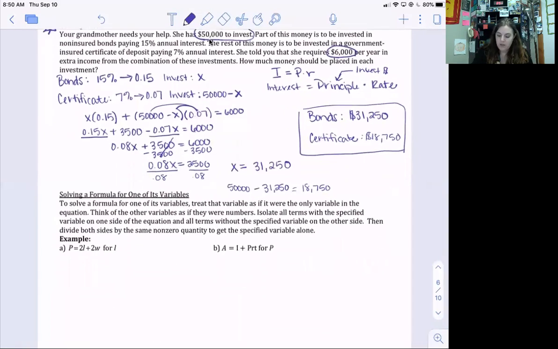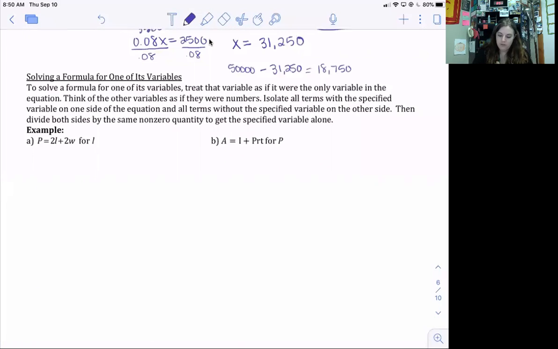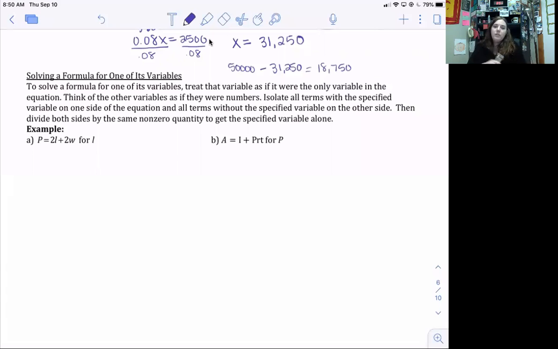Okay, and the last two, solving a formula for one of its variables. Whenever we're solving a formula for a variable, we always still want to use the same order of operations, just like we would if it's an equation. So looking at our first example, we're looking at perimeter. So P equals 2L plus 2W, and we're going to solve for L. If we want to get this 2L by itself, we want to start off with getting rid of the 2W, and we're going to do that by subtracting, since it's being added.